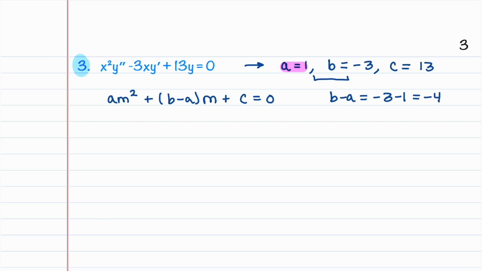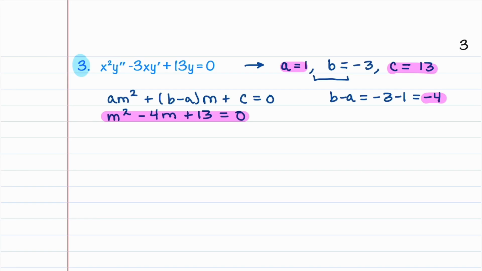Let's now substitute these values into our equation. a m squared is now just m squared. b minus a is negative 4, so we have a minus 4m. And then c is 13, so we add 13, and we get 0. That is our characteristic equation.